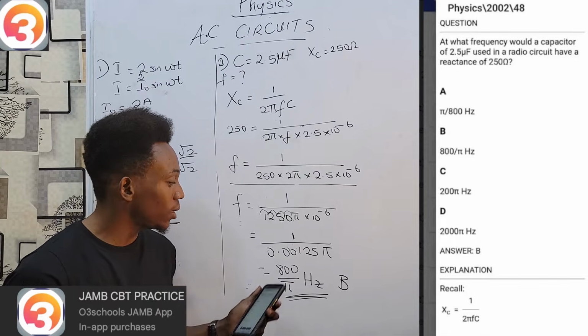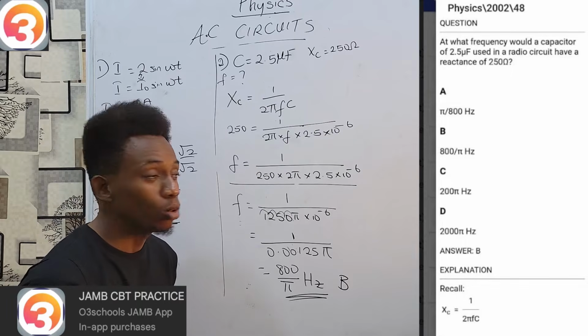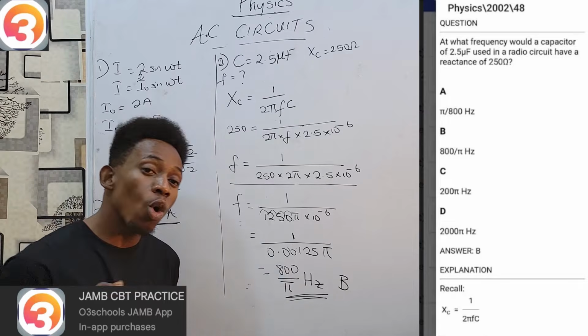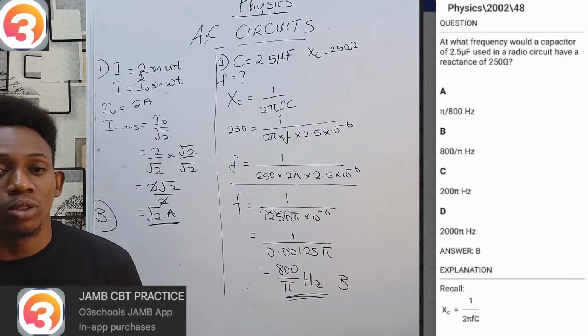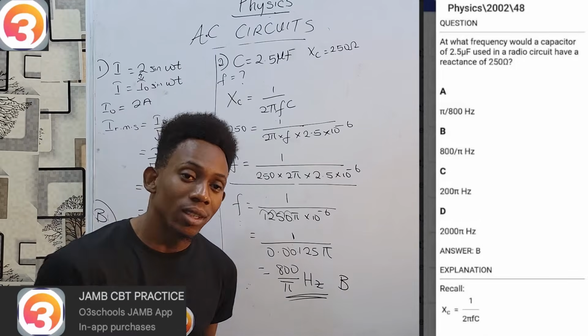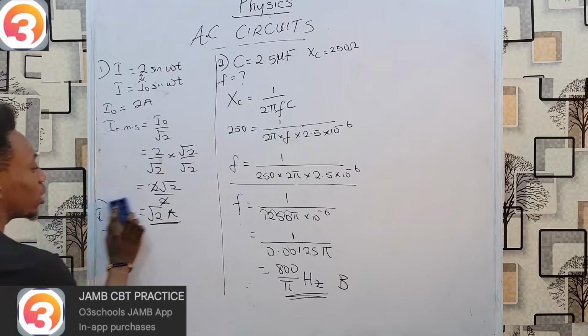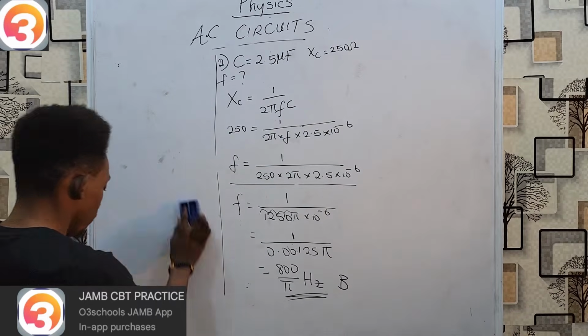And if you look at your options, only one option has pi as a denominator. That means even without completing my solving, I should know automatically that my answer must be B, because it is the only option which has pi as a denominator. So in some questions, there are tricky ways to actually get your answer.